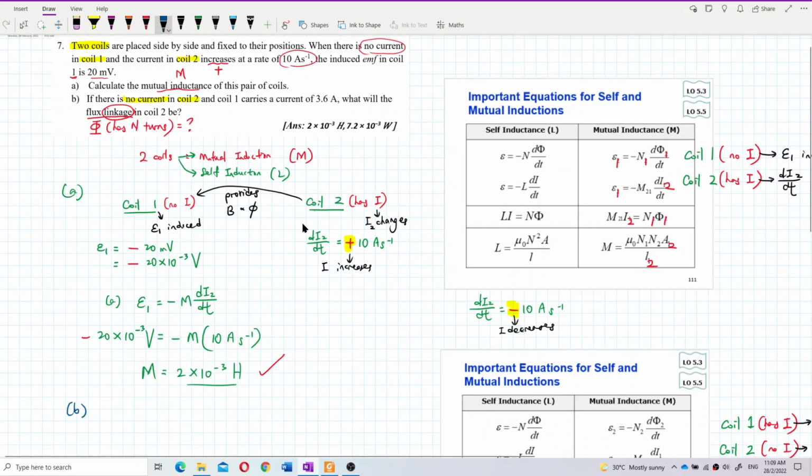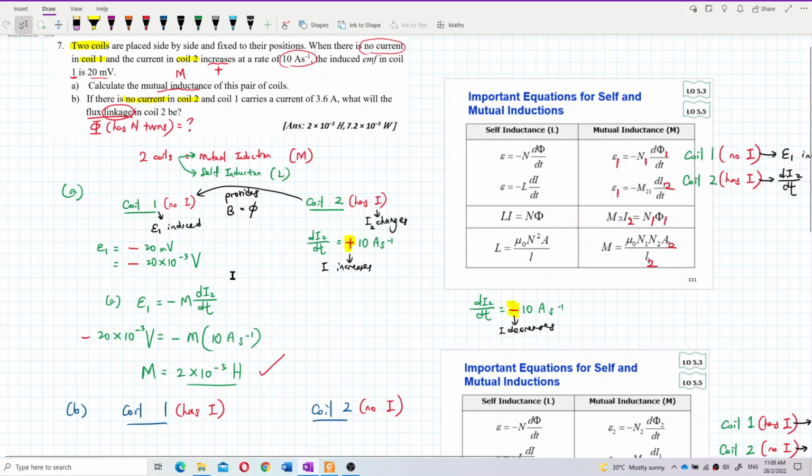Now between coil 1 and coil 2, which one has the current? Coil 2 has no current, but coil 1 has current.